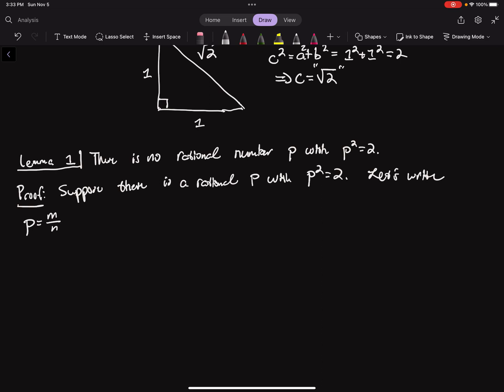With m and n having no non-trivial common divisors. And by that, we really just mean that this fraction is written in lowest form.